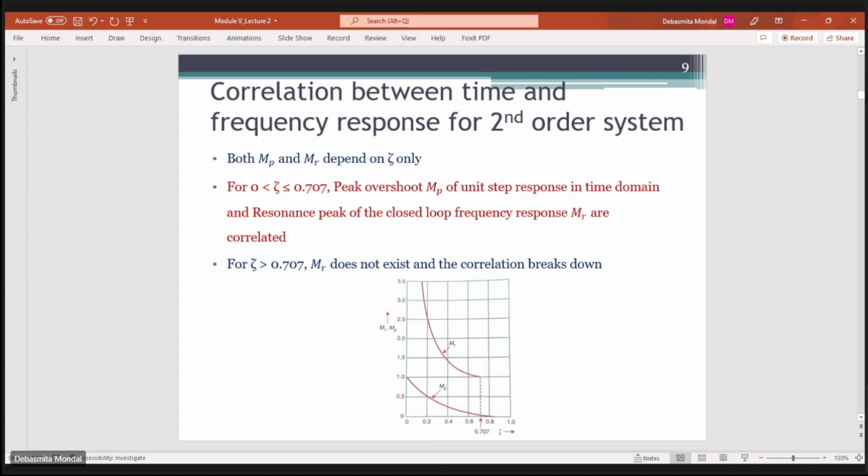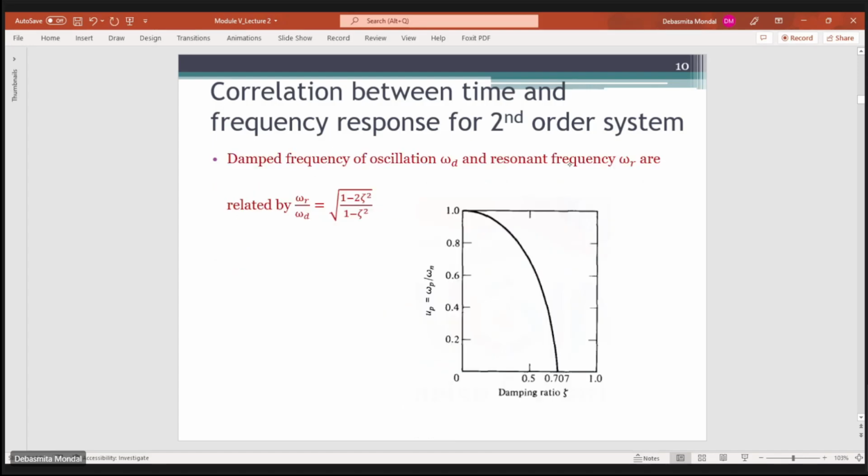Correlated means you can write a relationship between the peak overshoot and the resonant peak. But beyond zeta equal to 0.707, since the value of MR doesn't exist, there is no correlation as such.